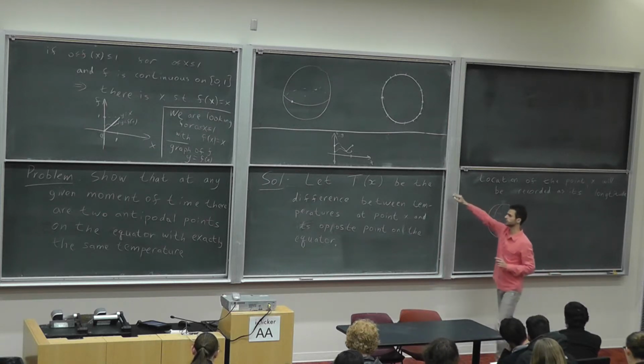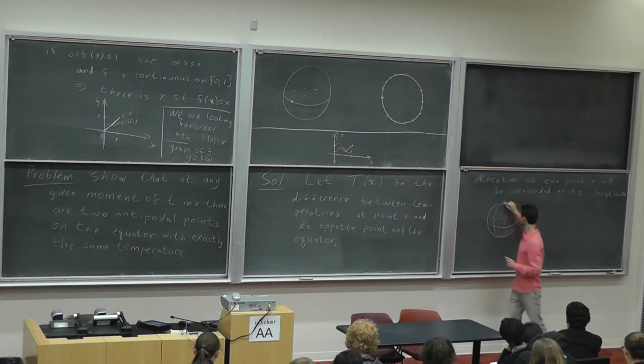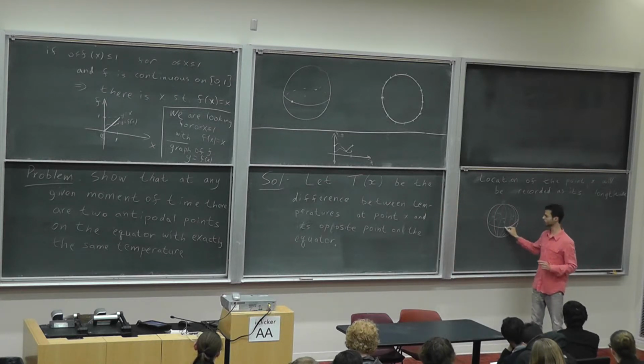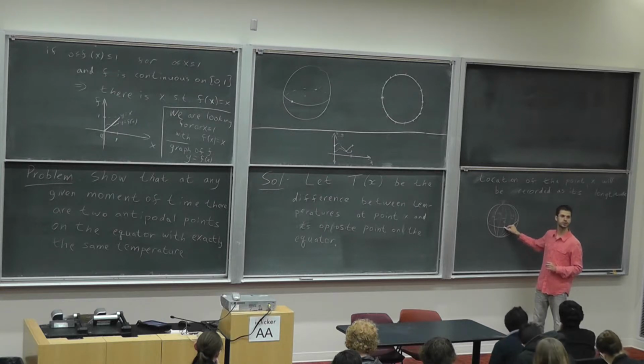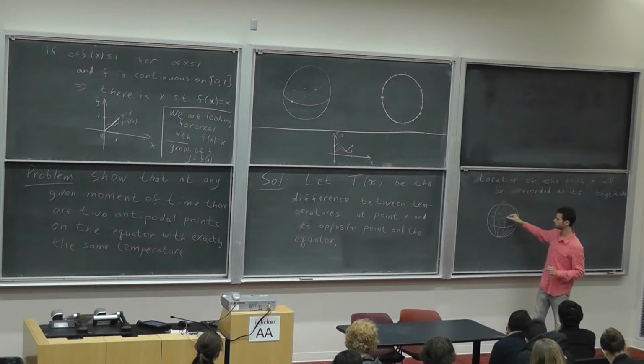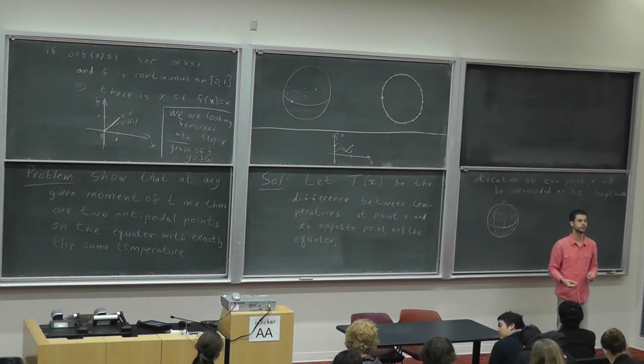So now we have a function. For every longitude on the equator, it tells the difference in temperature between this point and the opposite point. Let's say T of 0 would be the difference in temperatures between longitude 0 and the opposite point, longitude 180.